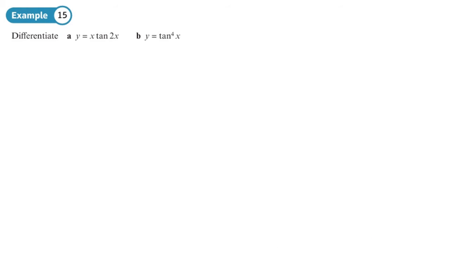And I think actually we apply them here. So let's have a look at A. We've got y equals x tan 2x. We have a product, and with that product, u equals x, v equals tan 2x. I'm not sure why I wrote down tan x, so let's put the 2 in because it does say tan 2x in the question.